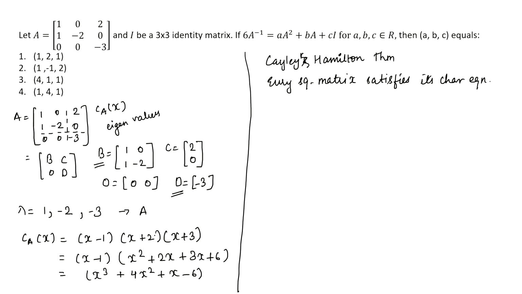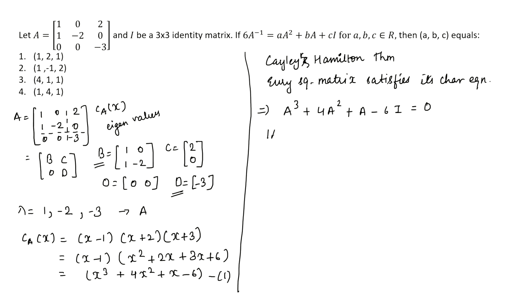Therefore, matrix A will satisfy this characteristic equation, and therefore we will have A cube + 4A square + A - 6I equal to 0. Alright, so this is the equation which we have obtained.